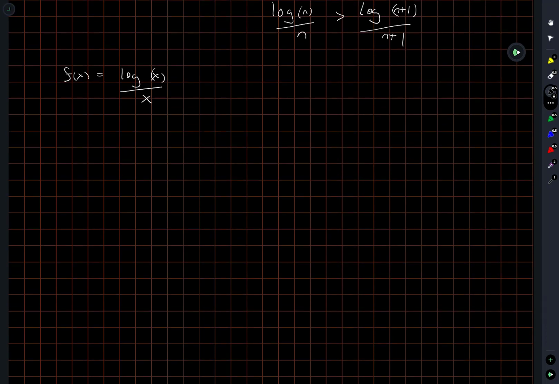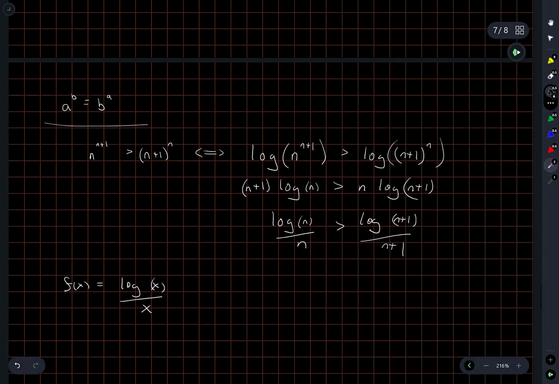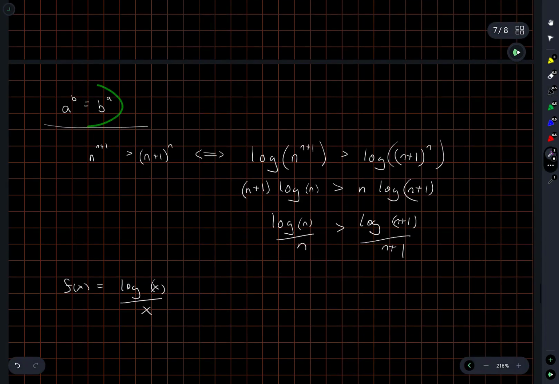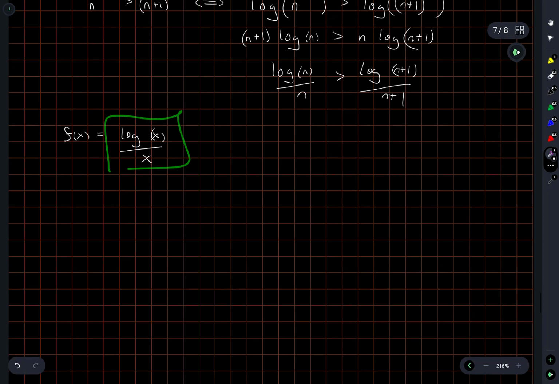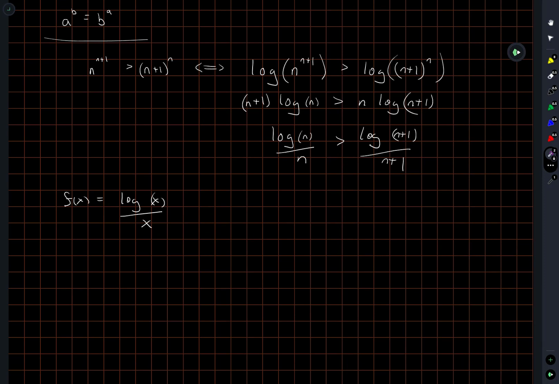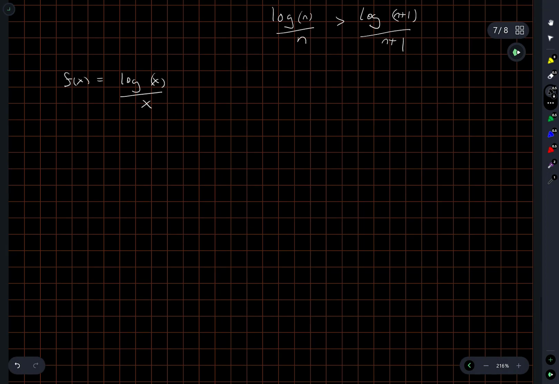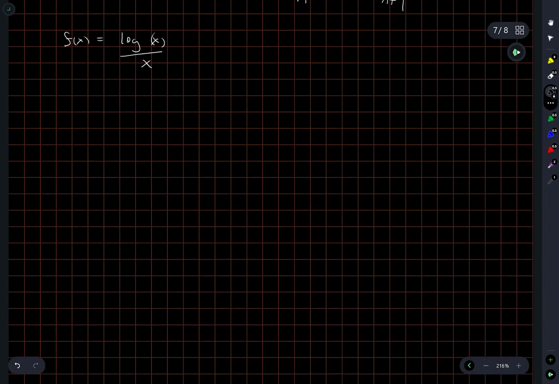In the previous video about this question, I defined a similar function and I showed that this function has a maximum at e. And so essentially what I conclude is that this function is decreasing if x is greater than e. But I'll go through the steps of showing that again.